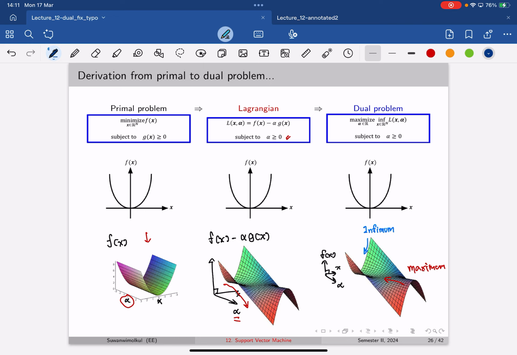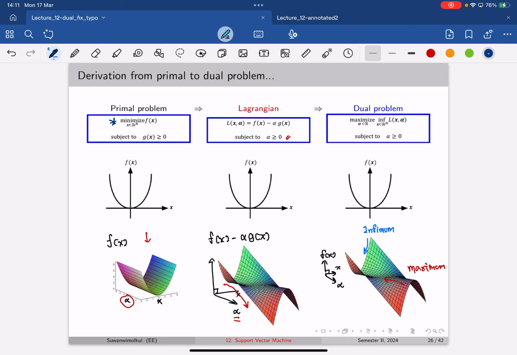Convex simply means that you are able to find the one global minimum or maximum, but in this case we are focusing on minimization, therefore there's a global minimum point. Yes, that was the point that will give you the minimum value.